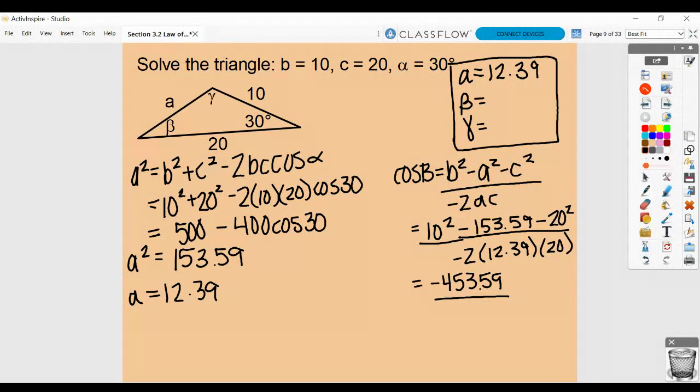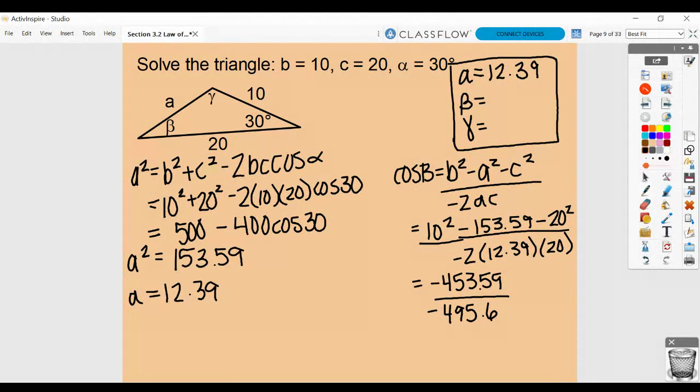I'm typing something into my calculator wrong. -2 times 12.39 times 20. And you get -495.6.